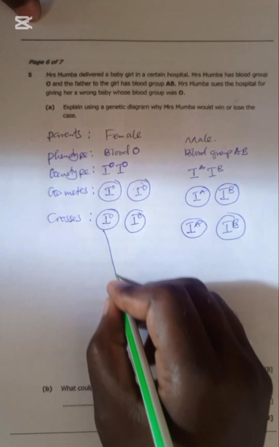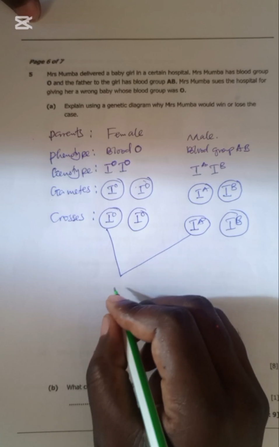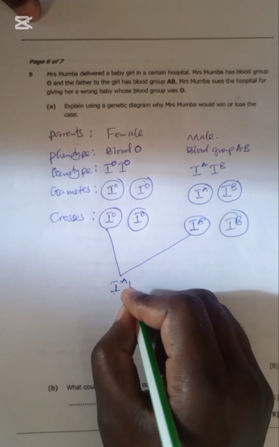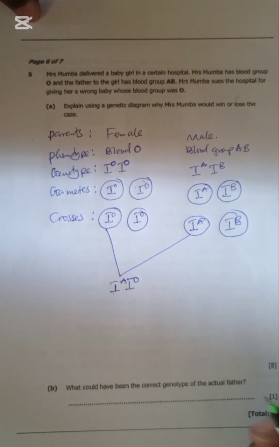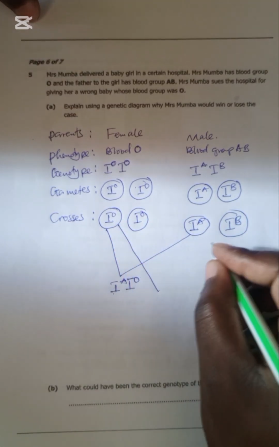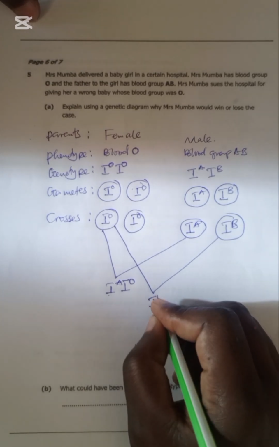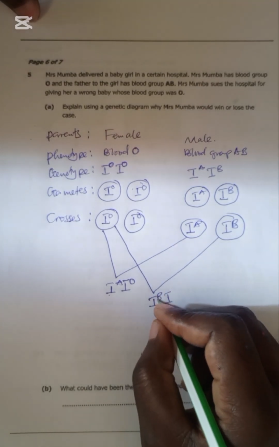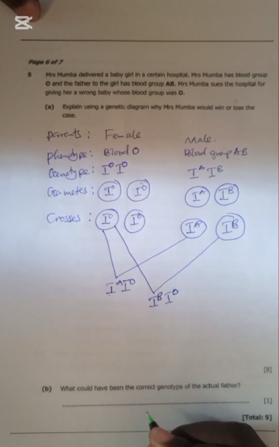So this is going to cross with this, meaning you're going to have blood group A, which is dominant over O, because blood group O is recessive. So we're also going to cross the same O with B, and what you're going to get is, sorry, blood group B, which is dominant over blood group O, like this.